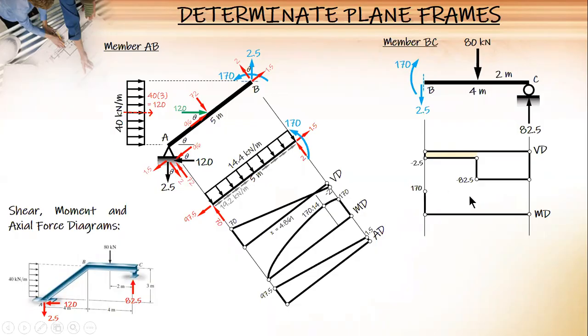So 170 minus 5 is 165, and 82.5 times 2 is 165, so zero. For the axial, there is none. And then last is the combined moment diagram, this one and then this one.